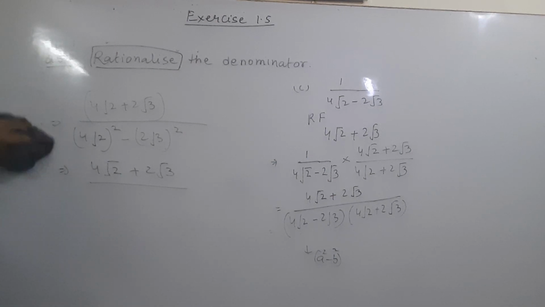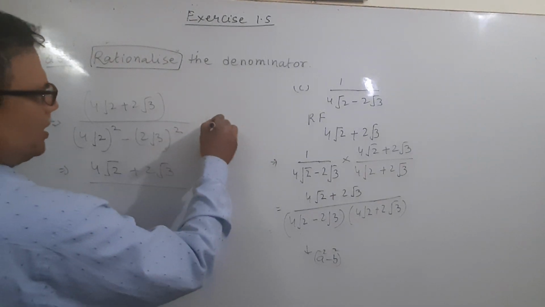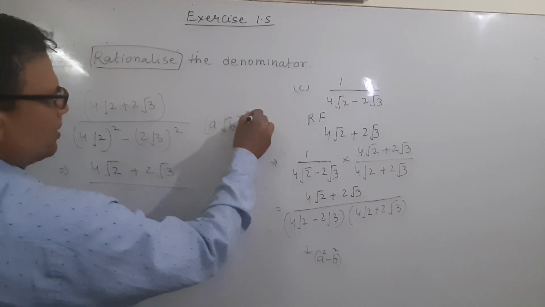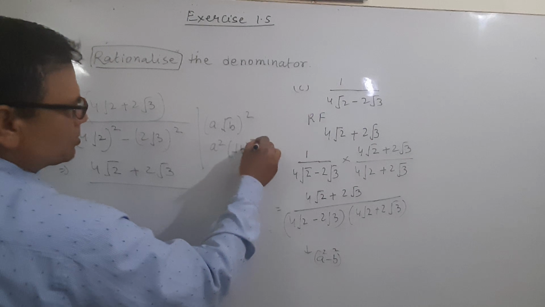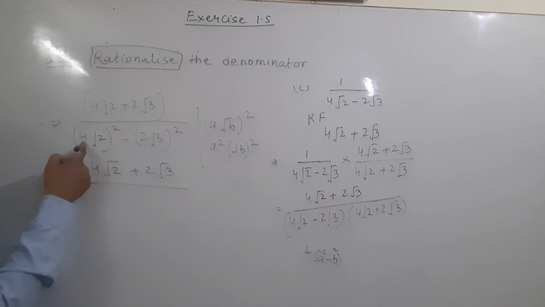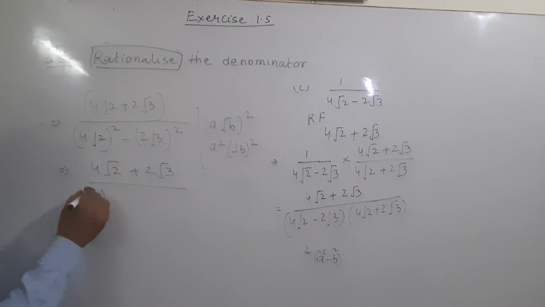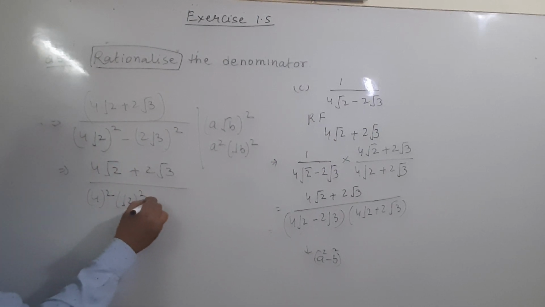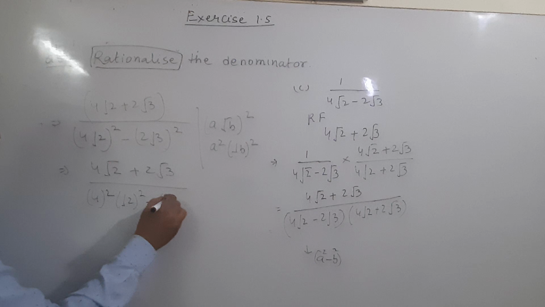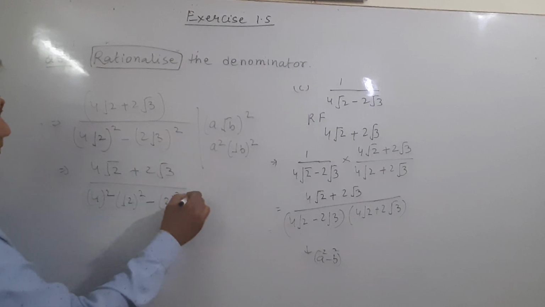Now I am writing it here. a root b whole square means a square into root b whole square. Here is 4 square, root 2 square, minus 2 square, root 3 square.